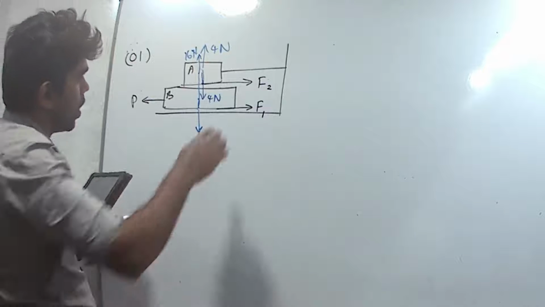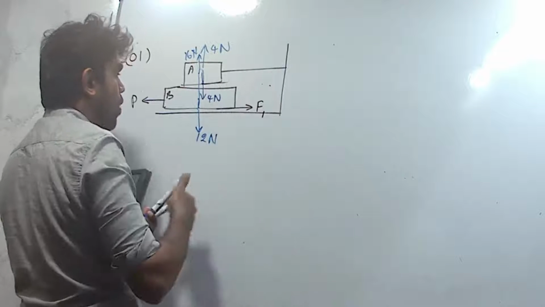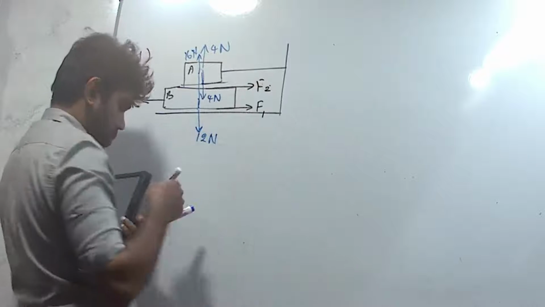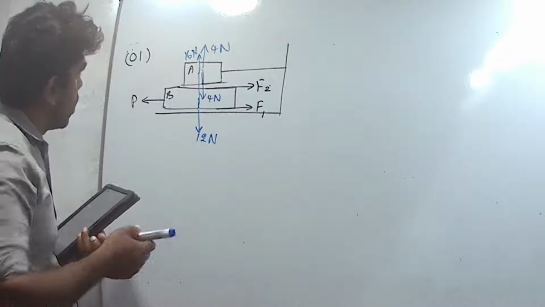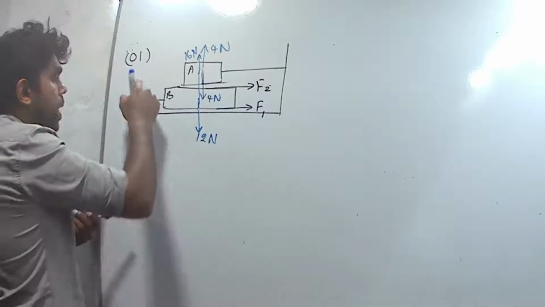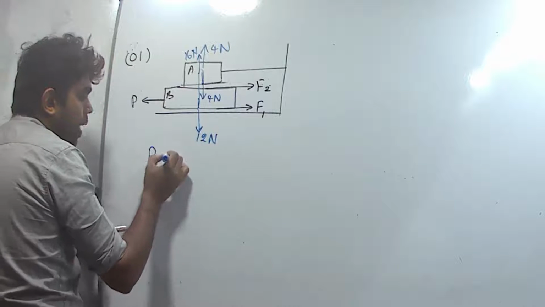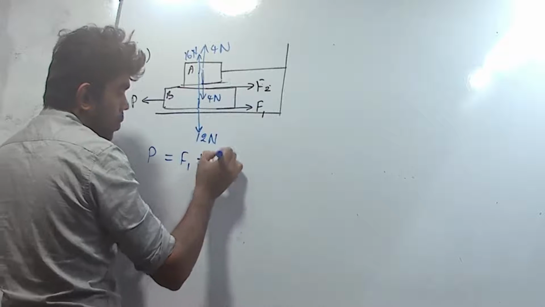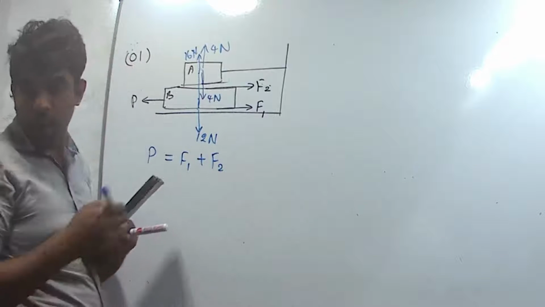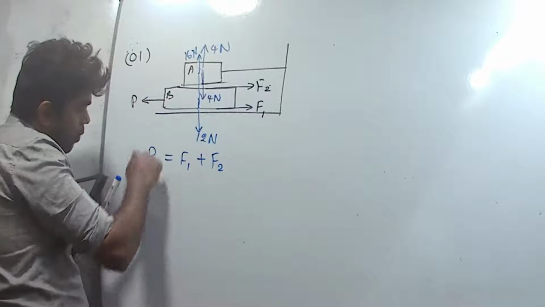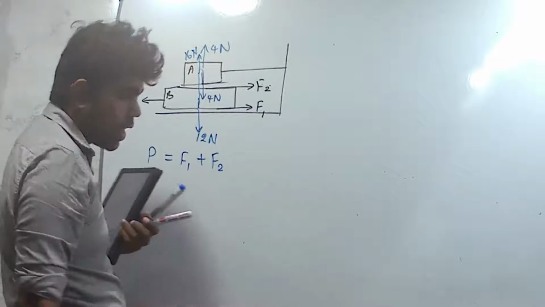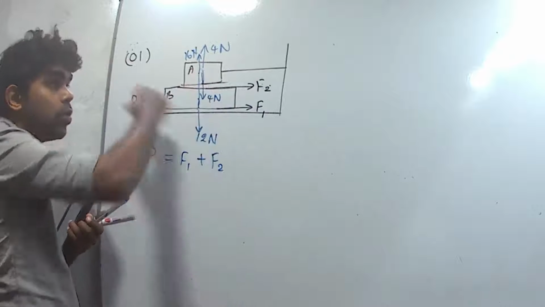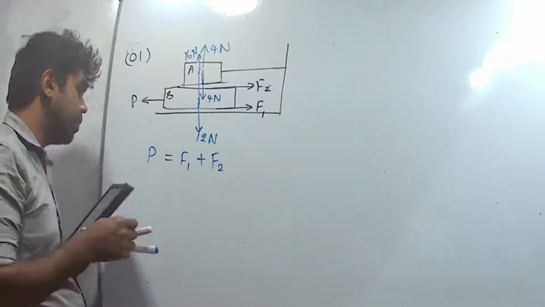Now we have to mark forces on B. The minimum force P required to move should be equal to the sum of F1 and F2. If the force P is greater than the sum of these two forces, this object B should move to the left hand side.